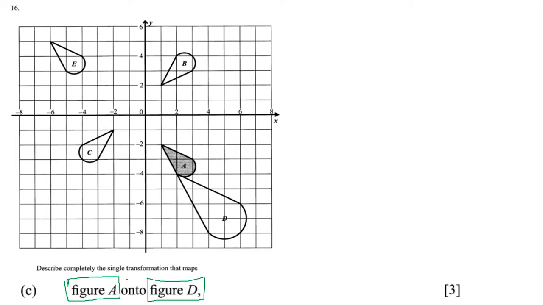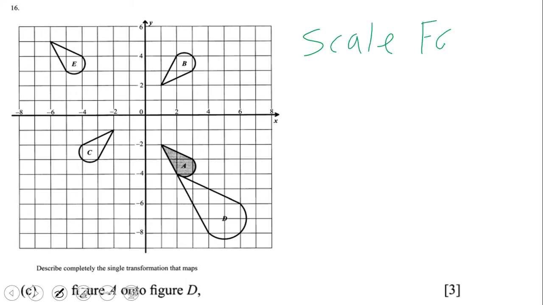So it's a dilation, or an enlargement. That one is easy. But for enlargement, we need to know the scale factor. Sorry, let me write that properly. For enlargement, we need to know the scale factor. That's important.